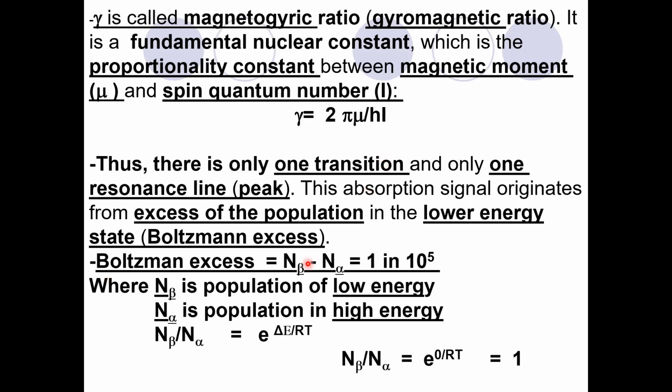This Boltzmann excess is very small, estimated to be 13 protons more in the low energy state than in the high energy state at 100 megahertz magnetic field strength, for 1 million nuclei.